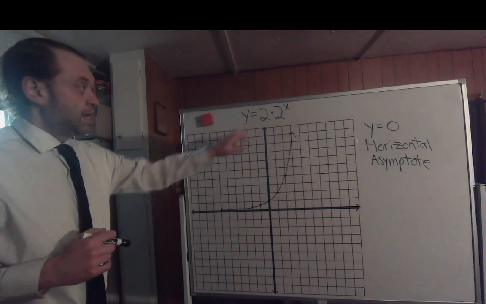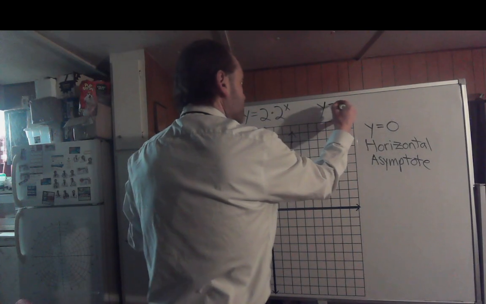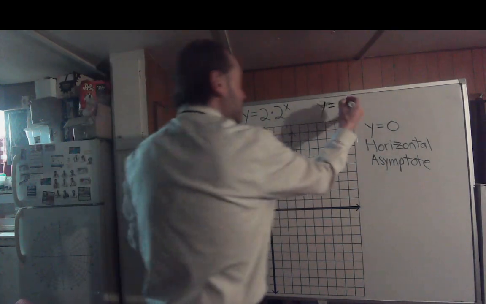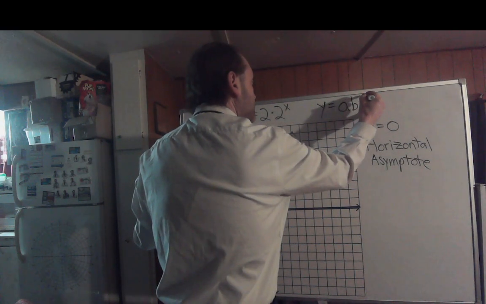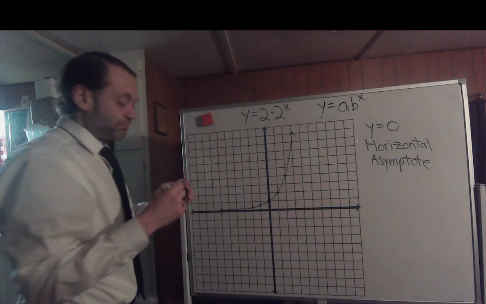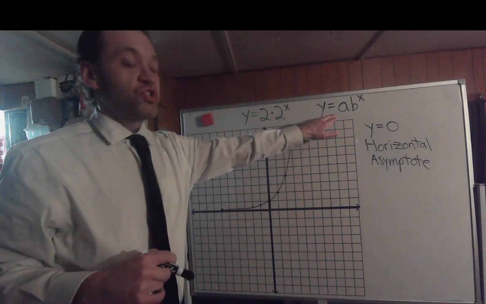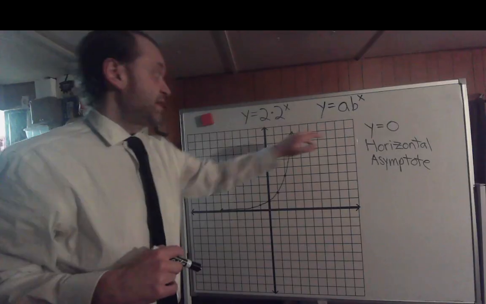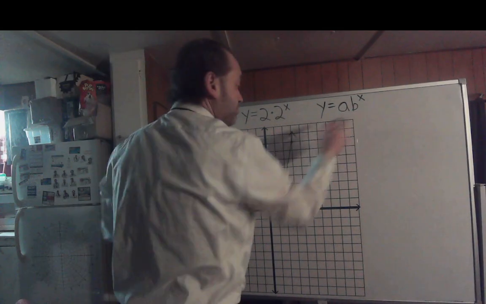So the general form for an exponential function to start with is going to be a times b to the x power. So what is the a? A is your stretching factor, or shrinking factor if you had a fraction, which we'll deal with in a second. And then that b is your base.